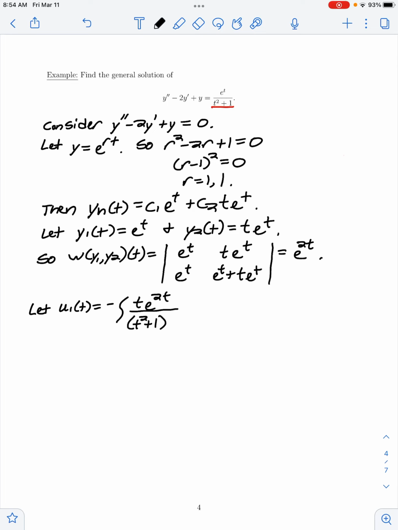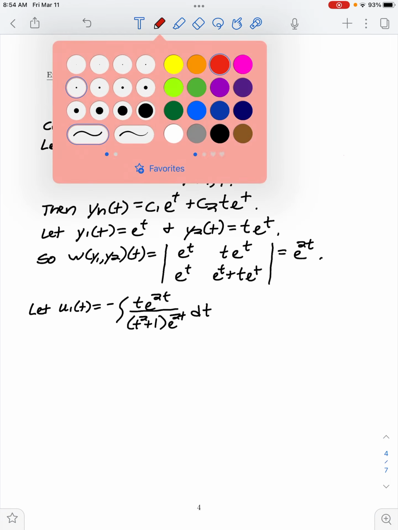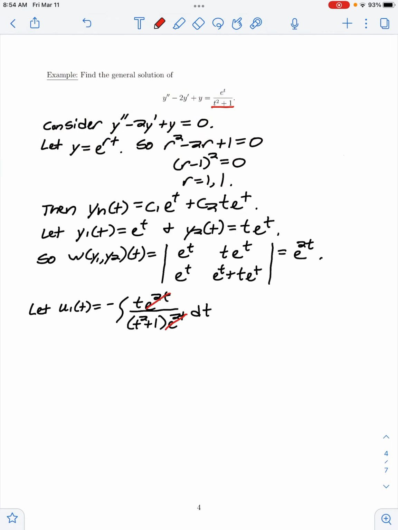And then we're supposed to divide by the Wronskian. So dividing by e to the 2t, we see that a factor of e to the 2t will cancel. And so we are left with the negative integral of t over t squared plus 1 dt.